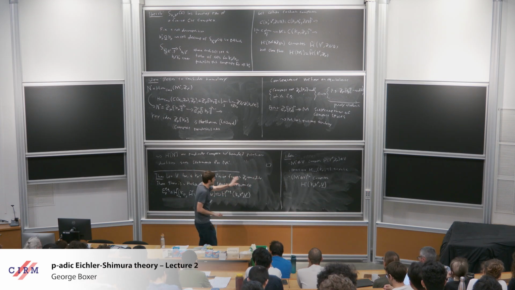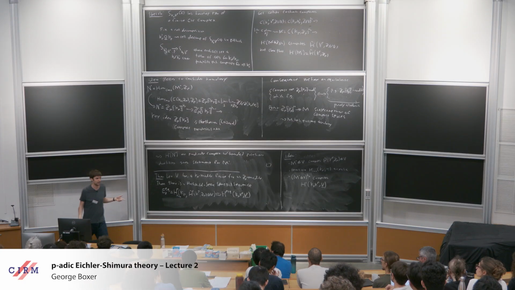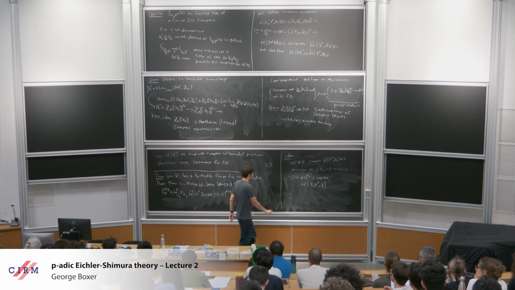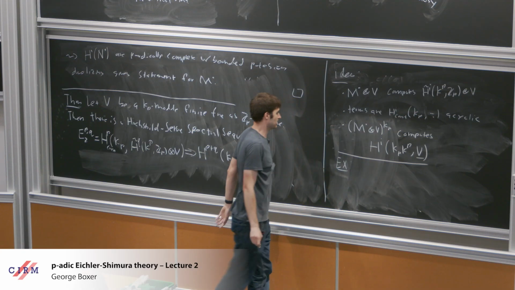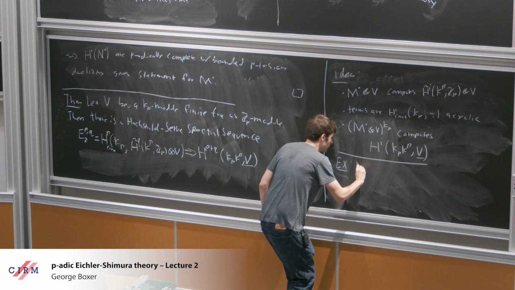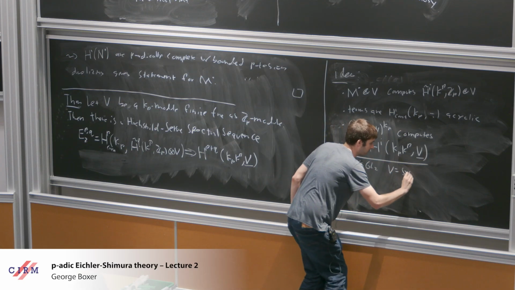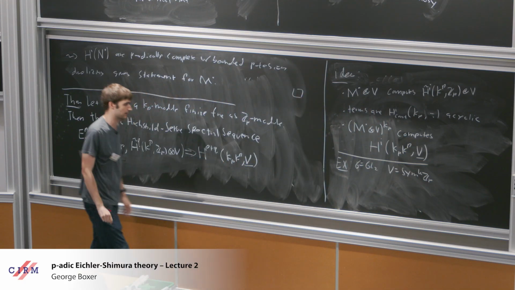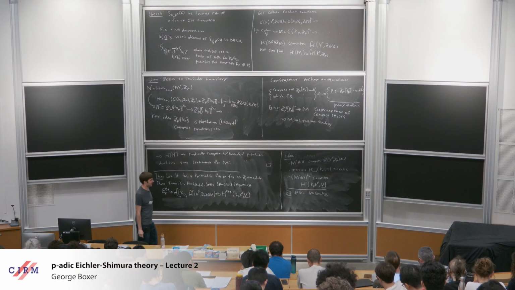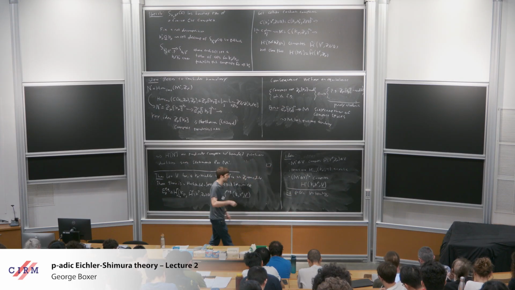And so this spectral sequence justifies Emerton's idea that completed cohomology is a space of p-adic modular forms. So for example, for the modular curve, we could take this V to be something like this space Sym^k Zp that we considered in the first lecture, which we said has something to do with weight k plus 2 modular forms, or their cohomology.